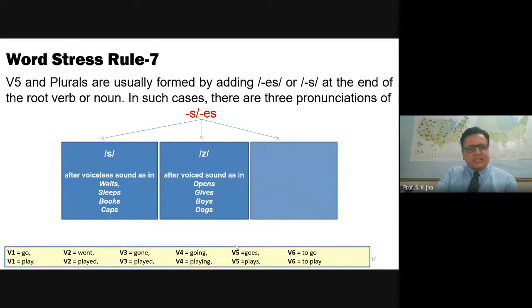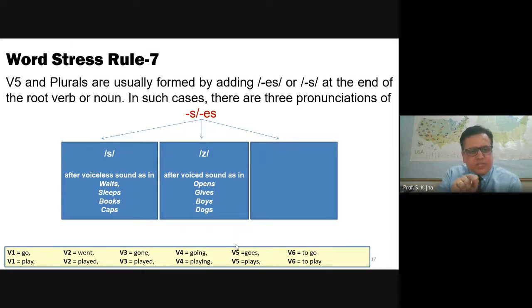When it will be S, the condition is after a voiceless sound. Now you remember I had told you which sounds are voiceless sounds and which sounds are voiced sounds. So here, S or ES becomes S after voiceless sound, as in waits, sleeps, books, caps. Why?